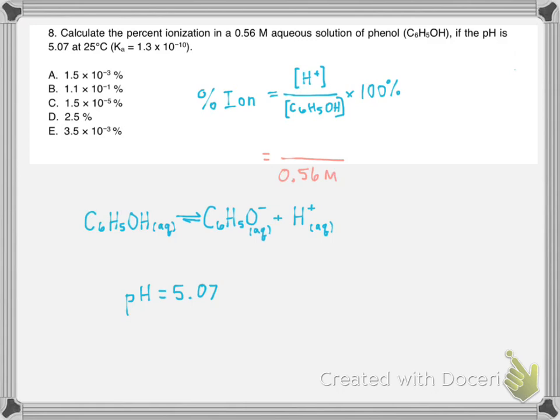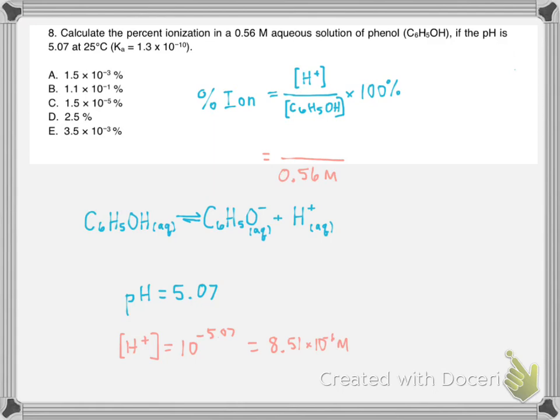So we need to figure out our concentration of protons, but we're kind of spoiled here because they gave us pH, which is a direct link to proton concentration. Because we can say then that our concentration of protons is equal to 10 to the negative 5.07, which is 8.51 times 10 to the negative 6 molar.